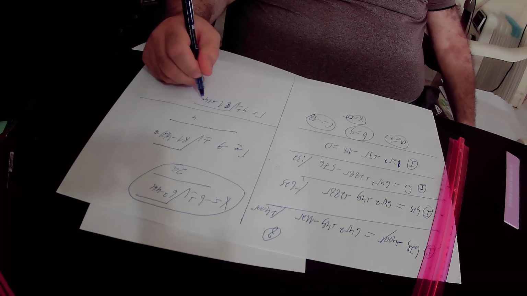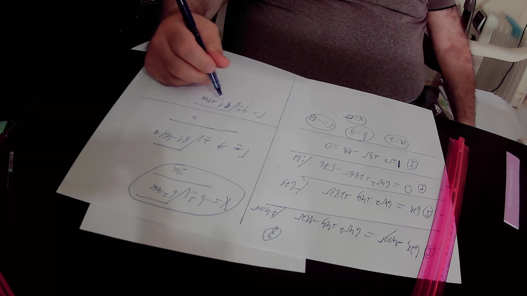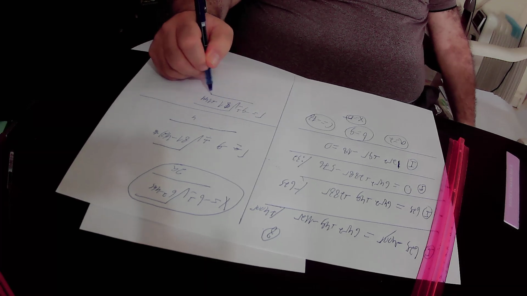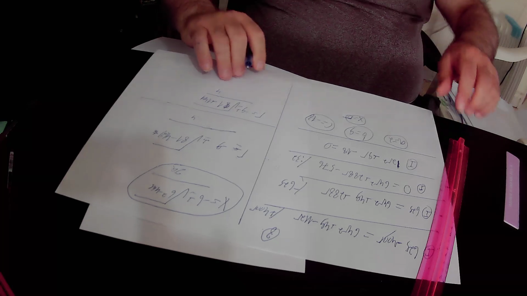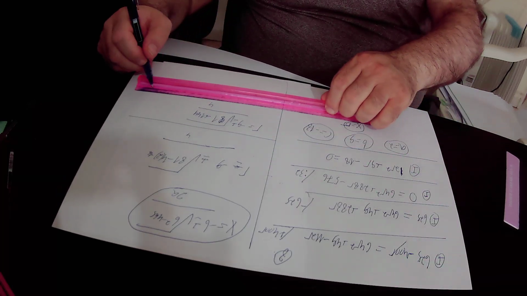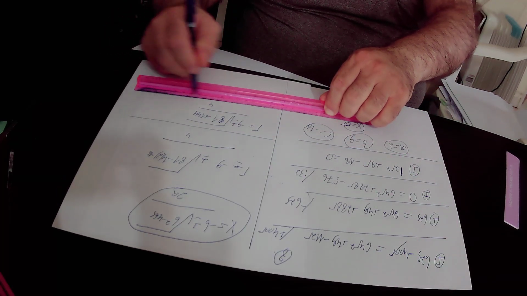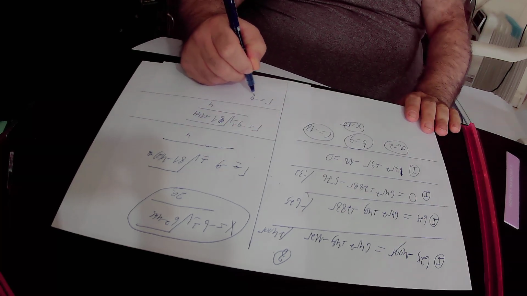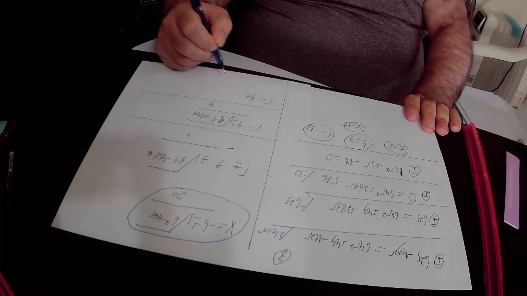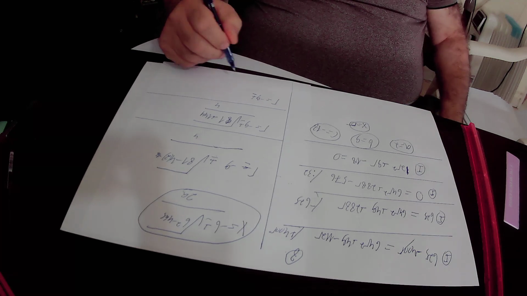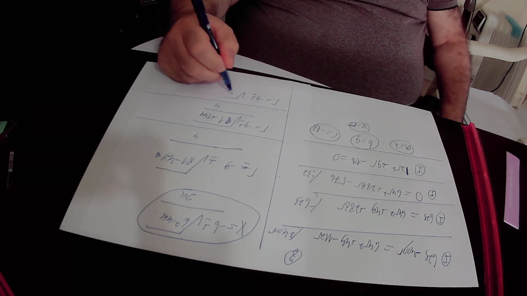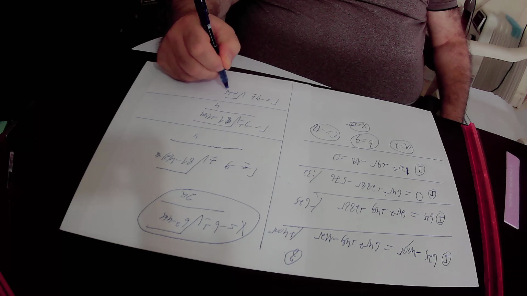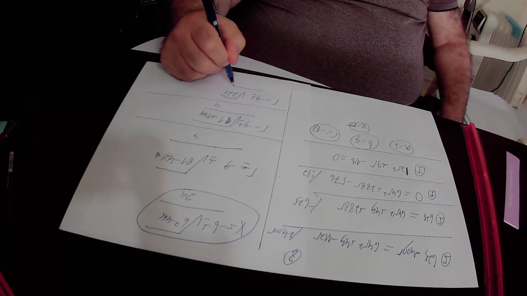So inside the root we are left with 81 plus 144, all divided by 4. So here r equals minus 9 plus minus the square root of 81 plus 144, which is 225. So inside the root we are left with 225, divided by 4.